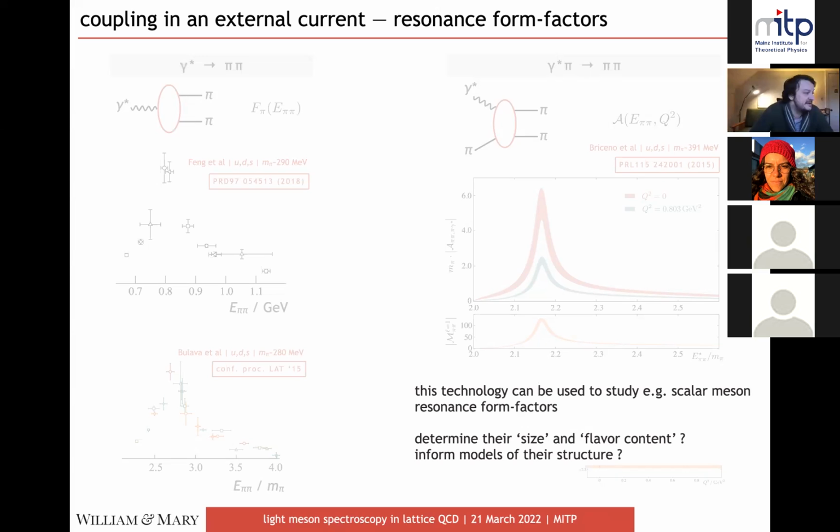And the idea is that might inform us something about their physical size and or flavor content, and could hopefully be a first principles QCD entree into questions that have been raised about their internal structure, for example, whether they're tightly bound objects or whether they're much larger molecular style objects. So those sorts of calculations haven't been done yet, but you can hopefully see how one would go about doing that.